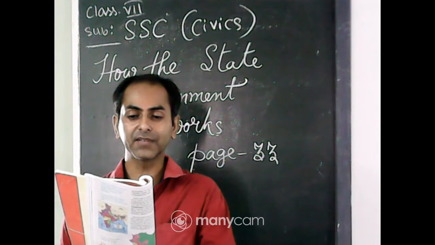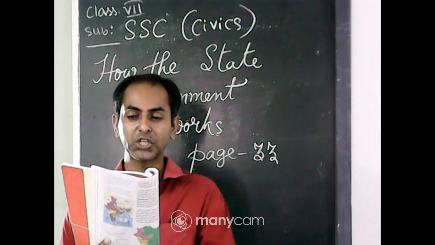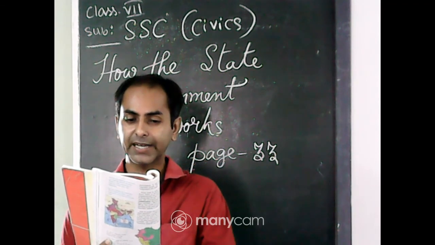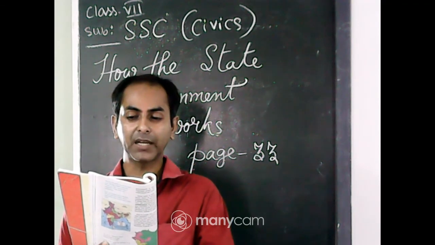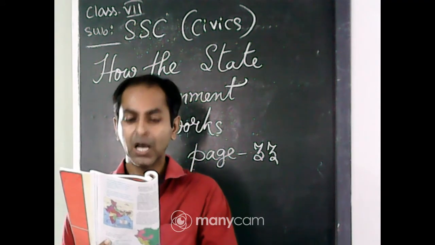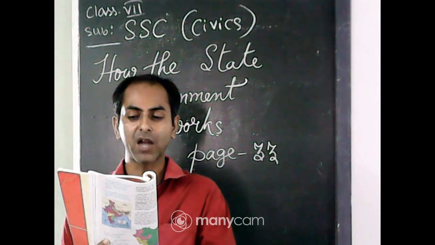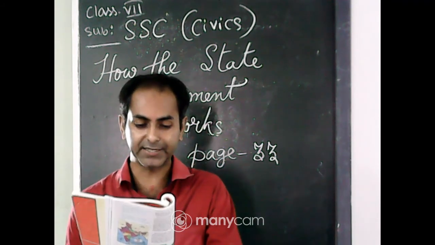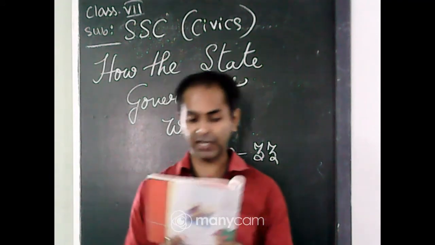The results of the assembly elections, Himachal Pradesh, 2017, political party and number of MLAs elected: Bharatiya Janata Party BJP 44, Indian National Congress INC 21, Communist Party of India Marxist 1, Independents who don't belong to any party 2. Total is 68.